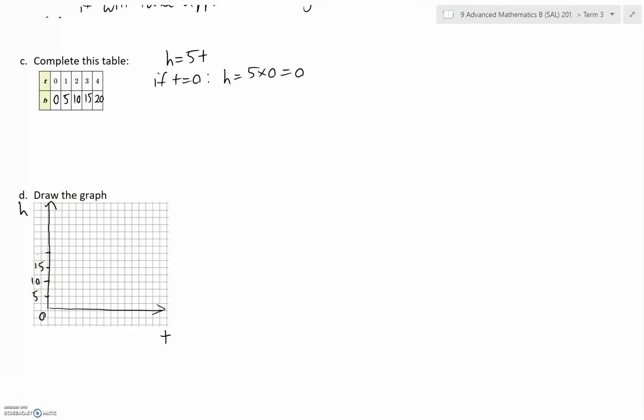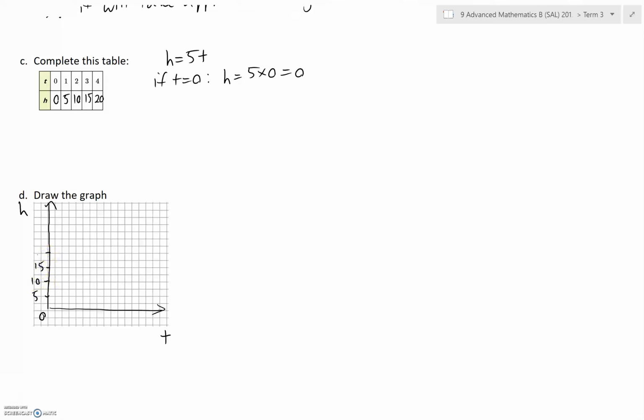Height and time cannot be negative, so we only want the positive quadrant. Okay, so keep that in mind. A lot of the time we want the full plane, the 4 quadrants, but in this case it can't be negative height, can't be negative time, so I'm only interested in the positive quadrant and starting at 0.